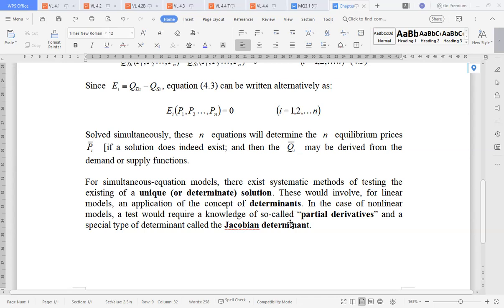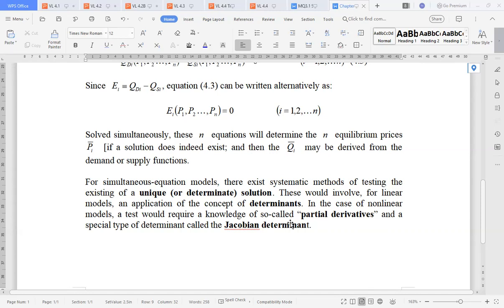Particularly in equilibrium analysis, a unique solution gives the equilibrium price and quantity. But matrix algebra is not only limited to equilibrium analysis. So in totality, we just refer to it as solving for that unique solution.